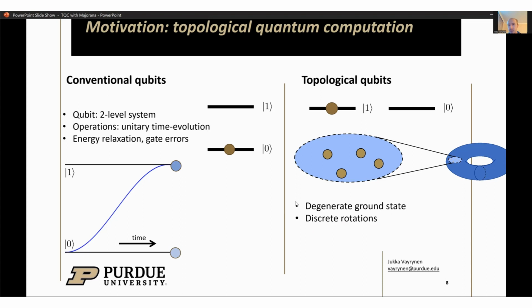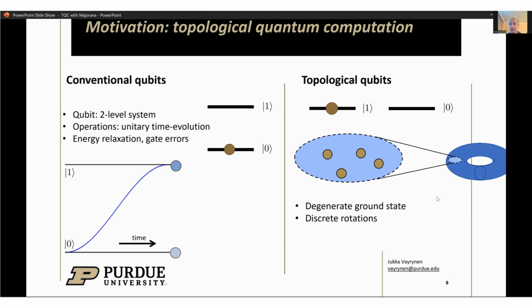Now there's a small problem that can also happen, especially in the Majorana case, as I will discuss, namely that these discrete rotations may generate a smaller set of rotations on the Bloch sphere than you would like to have.